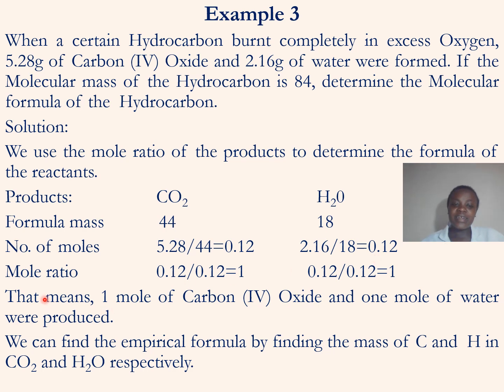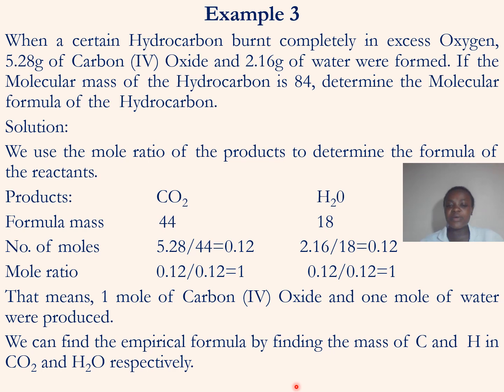Then we can get the mole ratio by dividing by the smallest number of moles. So 0.12 divided by 0.12 for both cases will give us a mole ratio of 1:1. What does this mean? So this means that 1 mole of carbon dioxide and 1 mole of water were produced.